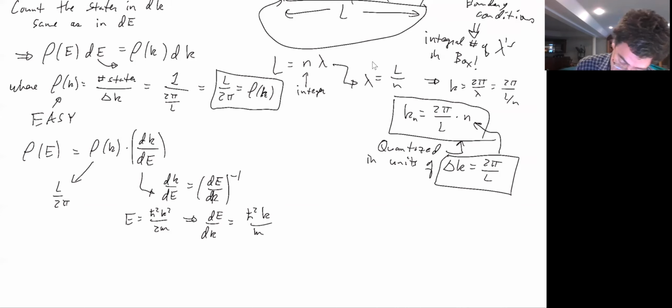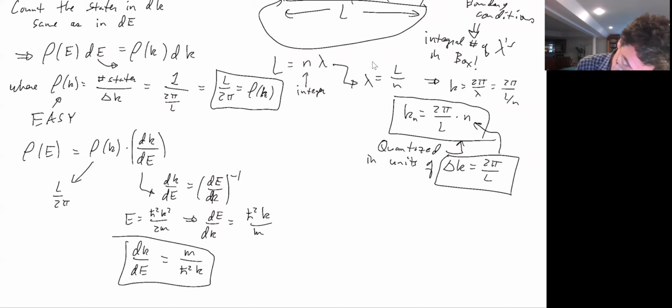And so then I know that I'm done, because then I know that dk dE is just the inverse of that, is equal to m over h bar squared k. Got it. Ta-da, got it. Oh, except I have a k here. But for k, we can get that because we know that that's easy to get.